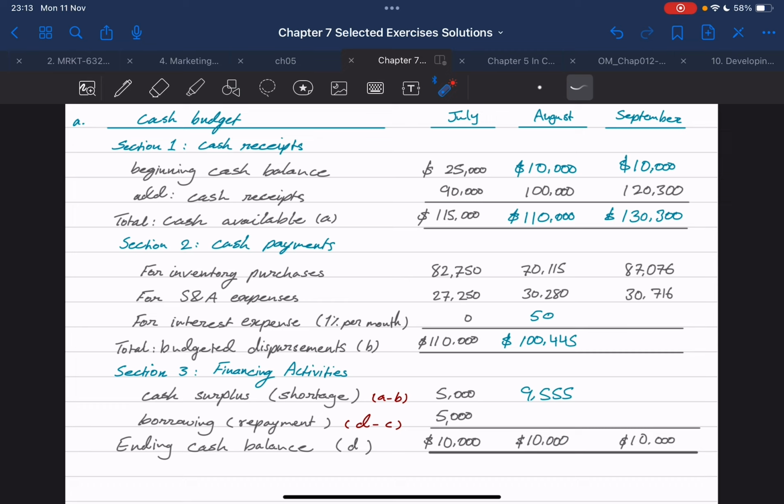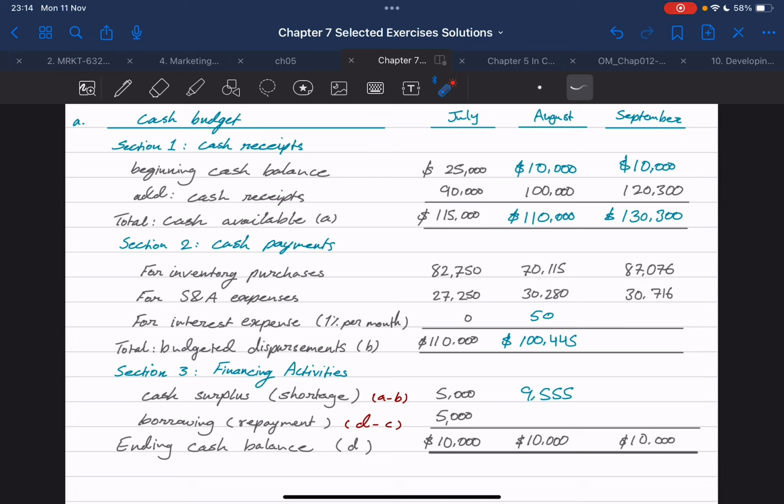Even though they have some cash remaining, that amount of cash does not cover the desired ending cash balance that they want. Remember, they told us in the question that the business wants to have at least $10,000 on hand at the end of each month, right? So that means they're still going to have to borrow to get this balance to this amount, $10,000.